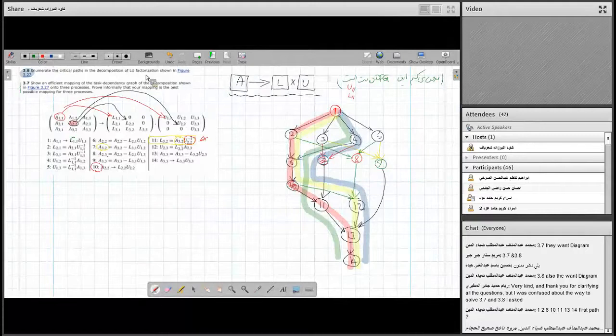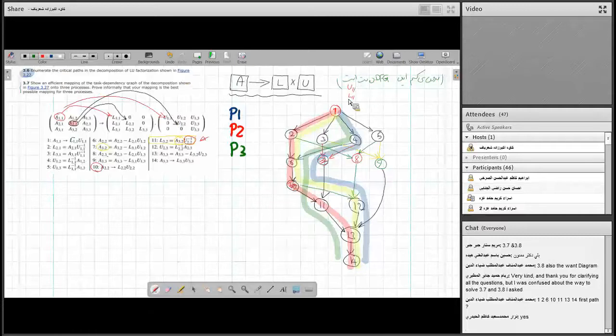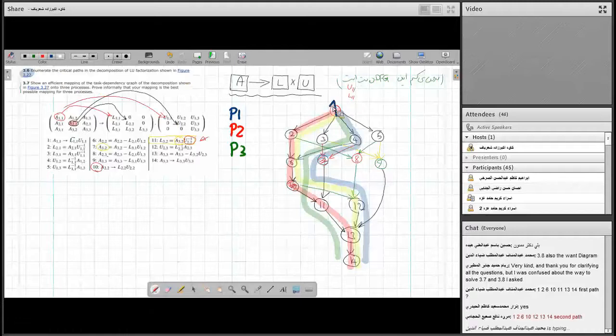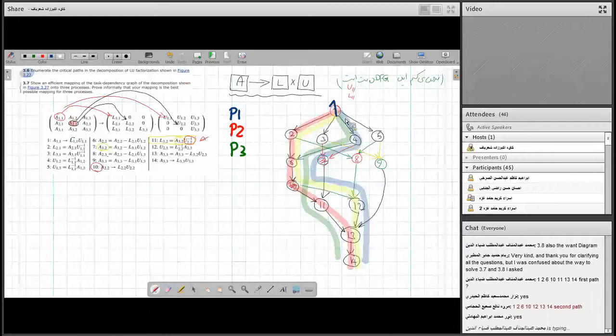Okay. Assume that we have 3 processes: P1, P2, and P3. In the first time step, just one process is used to compute task 1.